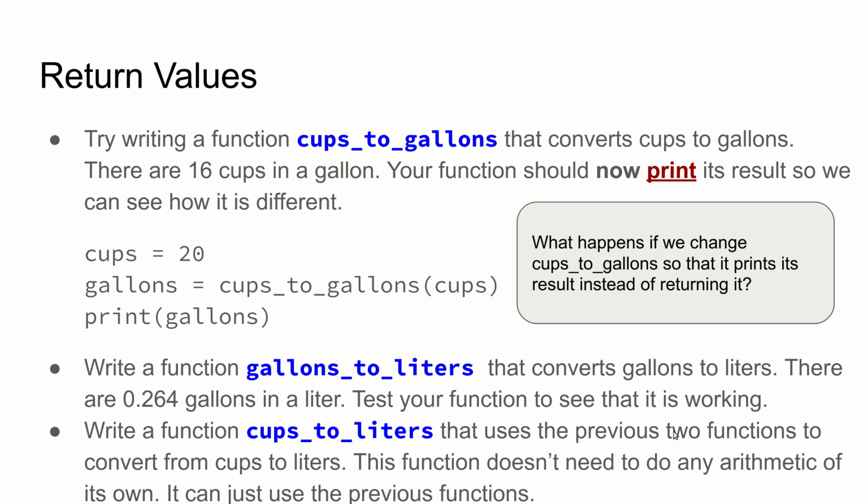On the other hand, if we stepped all the way back to cups to gallons and we thought about it just printing instead of returning a value, well, if we had it print in the line where we wanted it to return before, similar to our double it function before, where in one version it returned and in the other version it printed, if we do not return a value from a function, then its result is undefined.